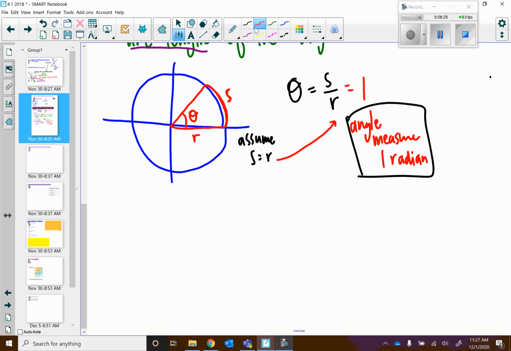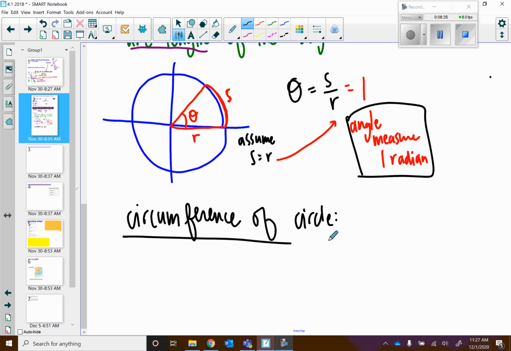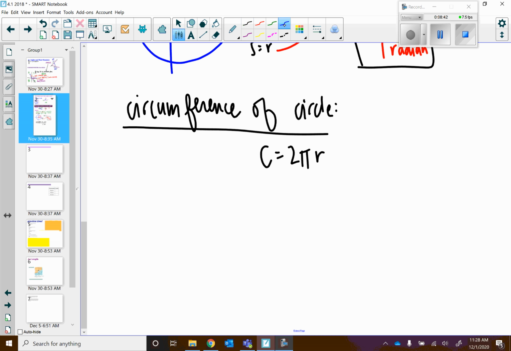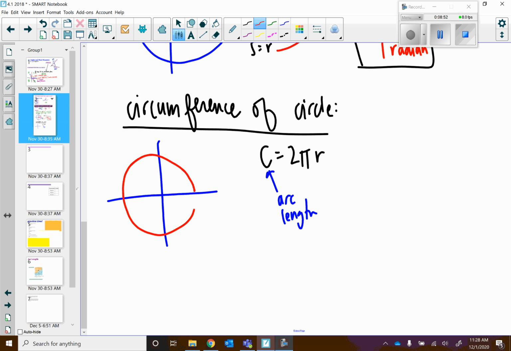Let's think for a second about the circumference of a circle. Maybe you remember the circumference of a circle to be 2 pi r. That is the arc length of an entire circle. So let's consider how many radians I have in an entire circle.